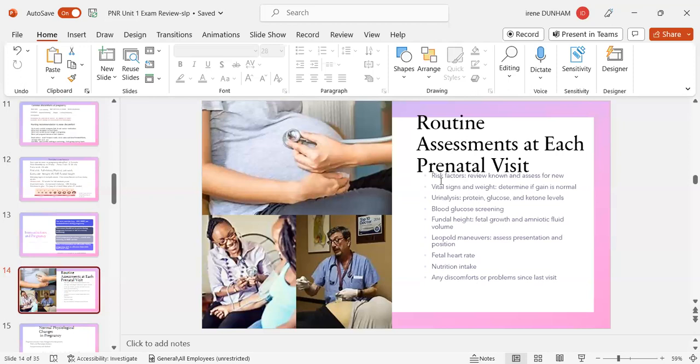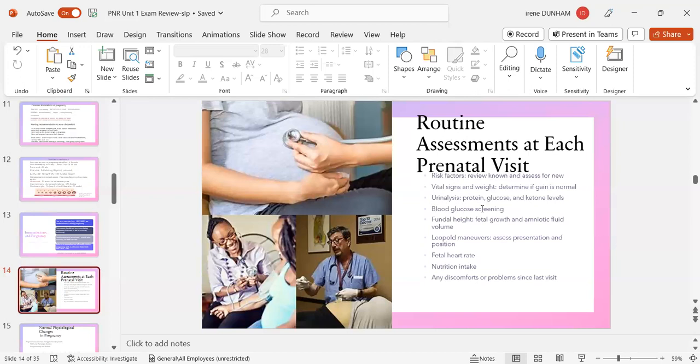All right. So here it is. Routine assessments at each prenatal visit. We always go over risk factors, right? Then vital signs and weight. Good. Your urine analysis, your protein, glucose and ketones.